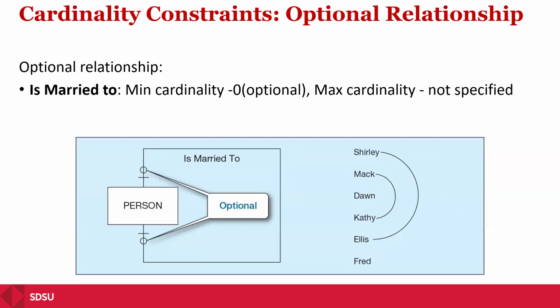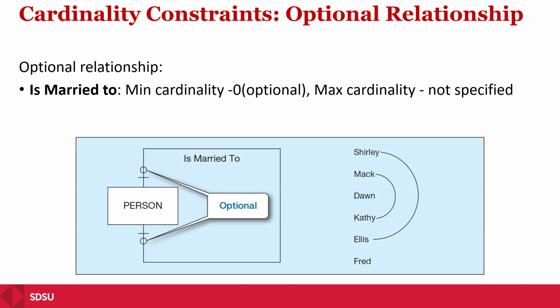Cardinality constraints for optional relationships. For example, here it's a unary relationship, and the example is a person is married to one person. So optional cardinality 0 means that the person doesn't have to be married.